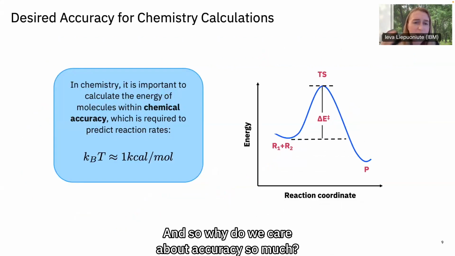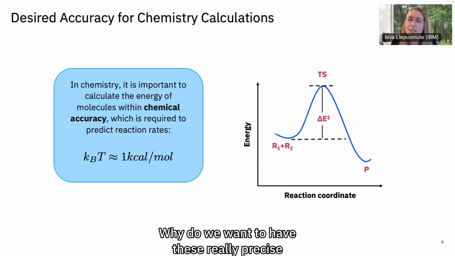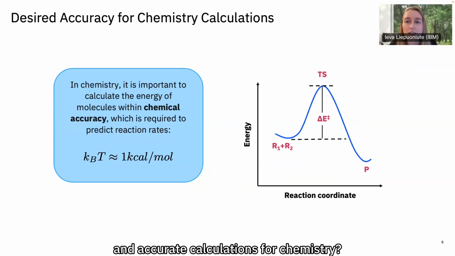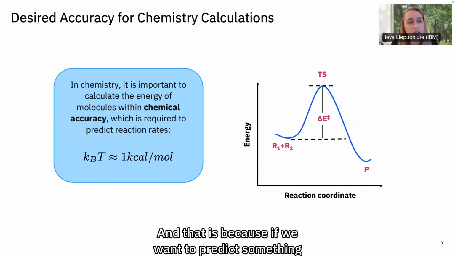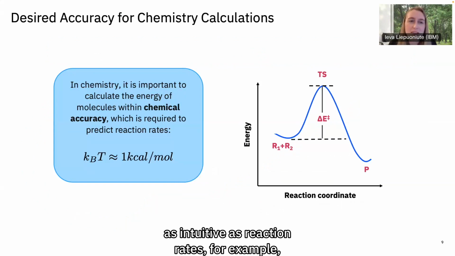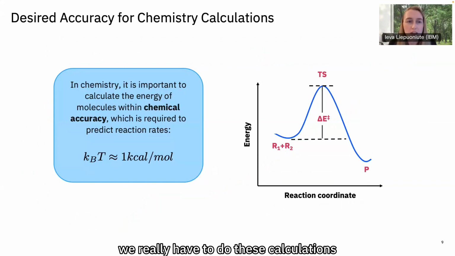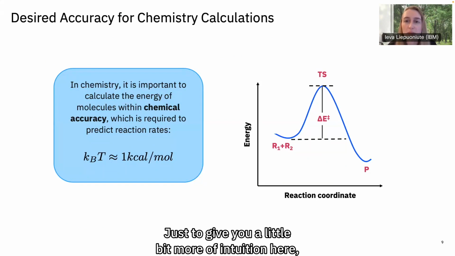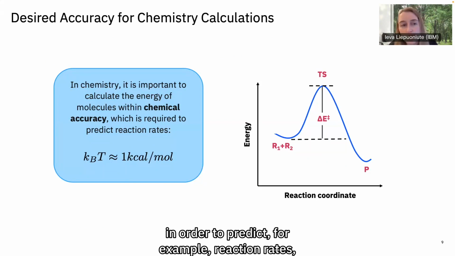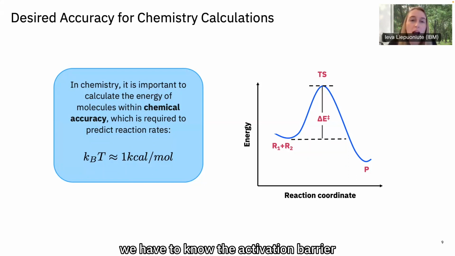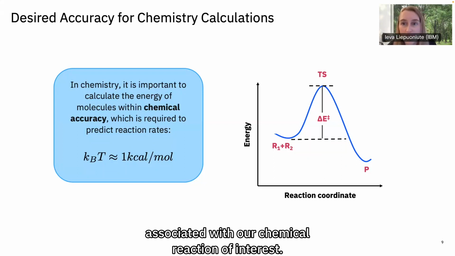And so, why do we care about accuracy so much? Why do we want to have these really precise and accurate calculations for chemistry? That is because if we want to predict something as intuitive as reaction rates, for example, we really have to do these calculations with very high chemical accuracy. And this chemical accuracy has to be around 1 kcal per mole. Just to give you a little bit more of intuition here, in order to predict, for example, reaction rates, we have to know the activation barrier associated with our chemical reaction of interest.